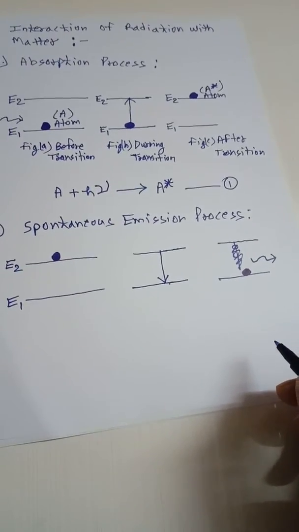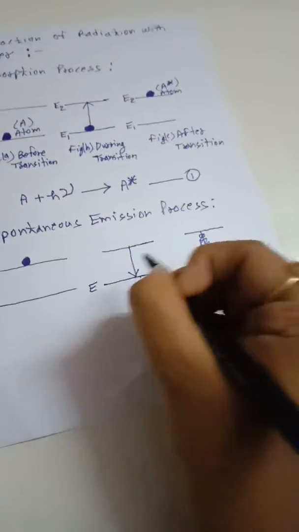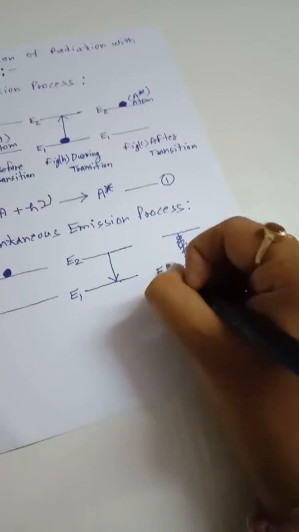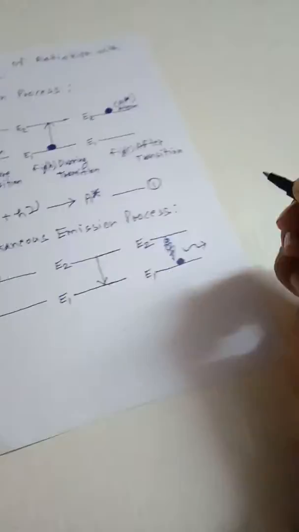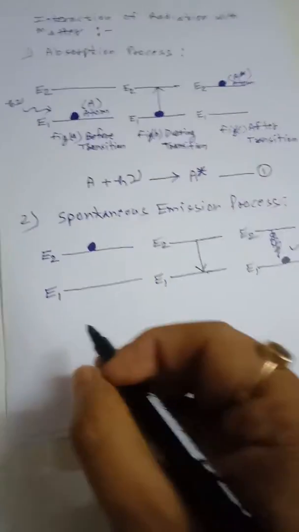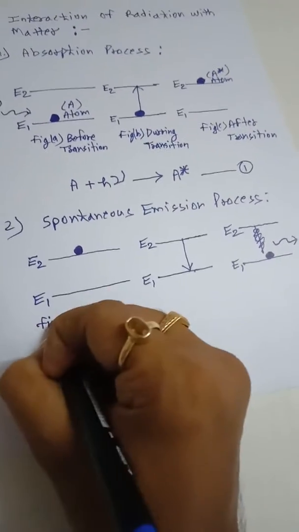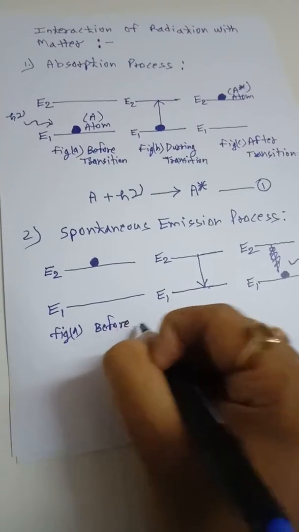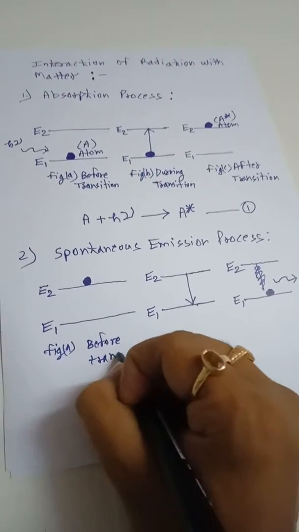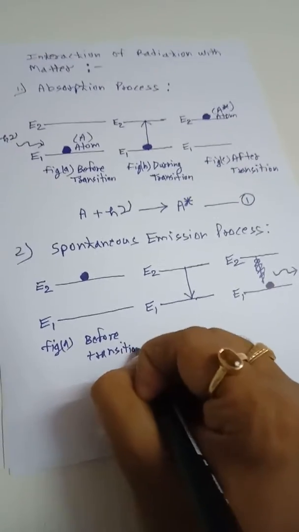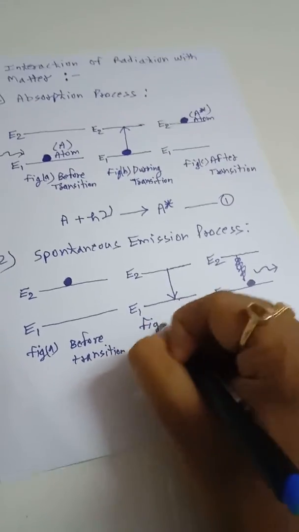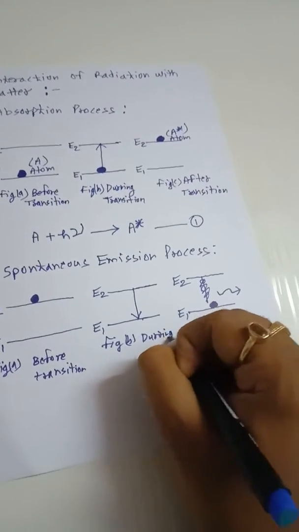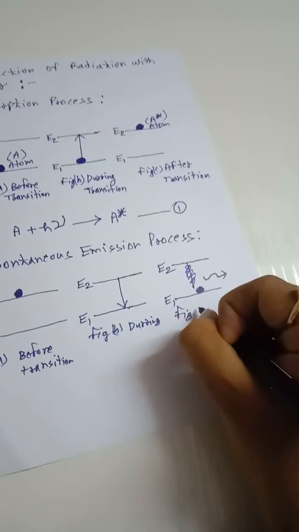This is the spontaneous emission of the photon. So this is the final diagram. This is figure A, before transition, figure B, during transition, and figure C, after transition.